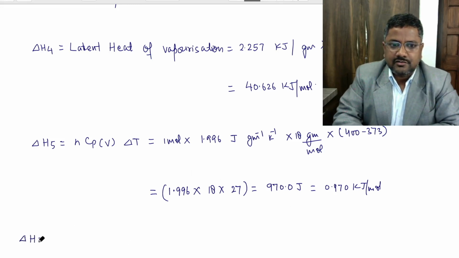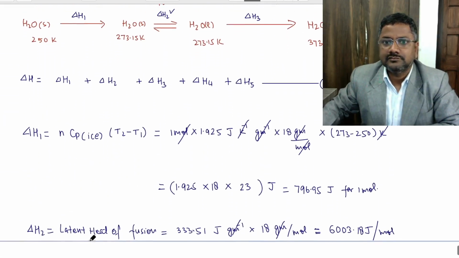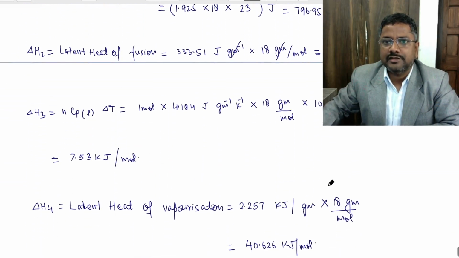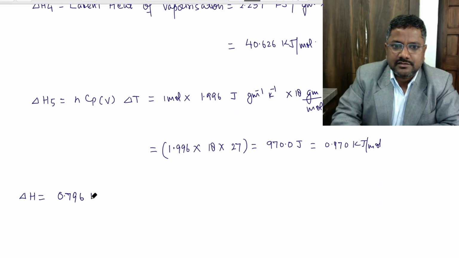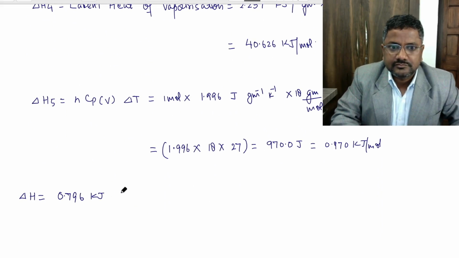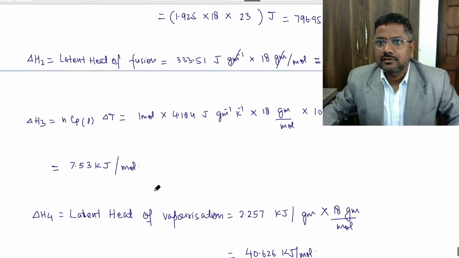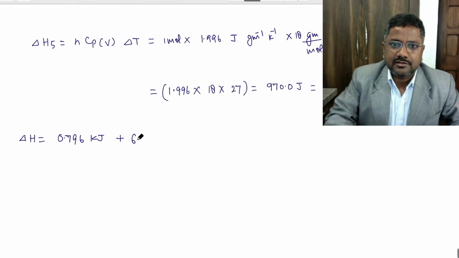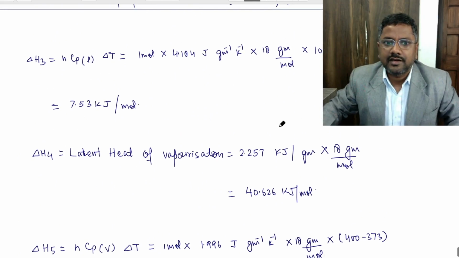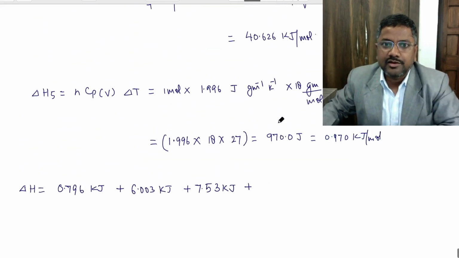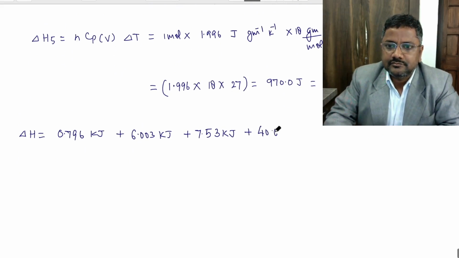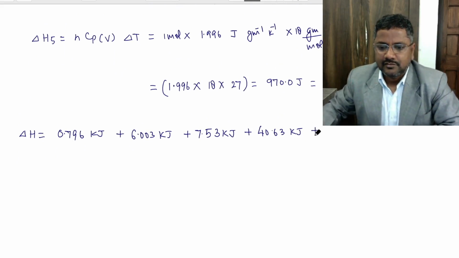Now this delta H is equal to total, delta H1 796.95 joules per mole, so this is 0.796 kilojoules, plus delta H2 6003.18, so this is 6.003 kilojoules, plus 7.53 kilojoules, plus 40.63 kilojoules, plus 0.97 kilojoule.